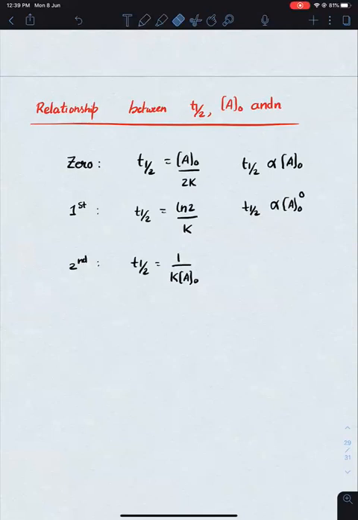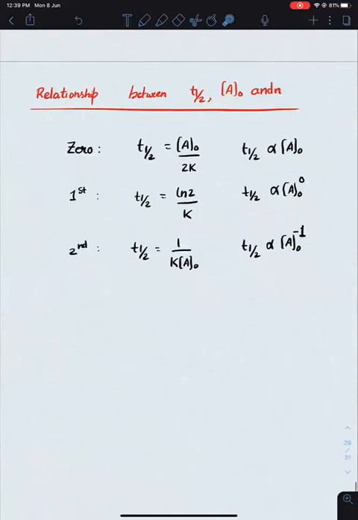In this case, T half is proportional to a naught power -1, or it is inversely proportional, or else वैसा ही third order, fourth order. Or else can I say the expression is T half is proportional to a naught power 1 minus n.